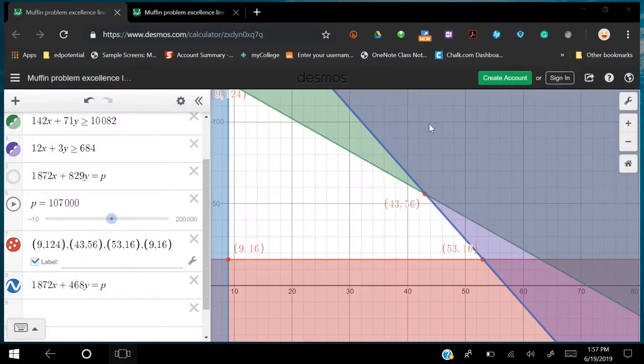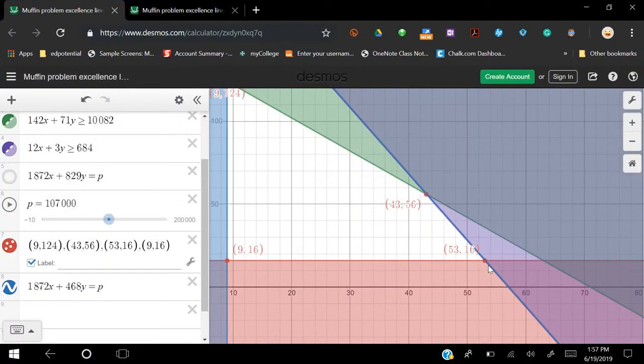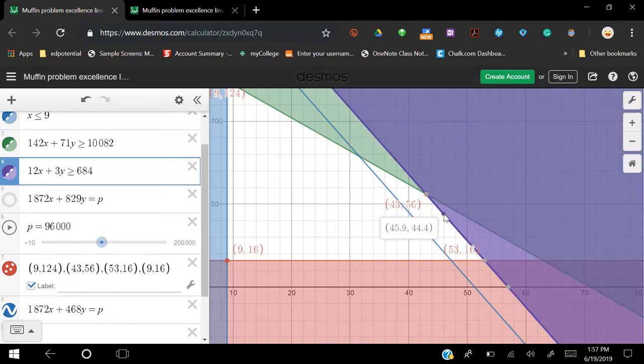And so we end up getting these 2 points, which are in the feasible region, giving us the same profit. And that's because this objective function is parallel to this back line. Now, any point between here and here is going to give us exactly the same profit. What you should do is try to find some whole number values like 45 and 48.